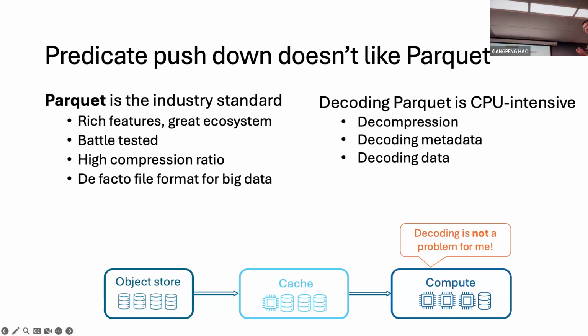This is not a problem in general for most compute servers, because most of the time you read Parquet and do a lot of things, and decoding Parquet is only a tiny part of your total time, which we will show later. So it's not a problem for the compute server, but it is a problem for the caching server, because remember that our caching server has a relatively weak CPU, and it is shared among multiple compute nodes. So the problem with decoding Parquet is almost only a problem when we have to do predicate pushdown on the cache server.